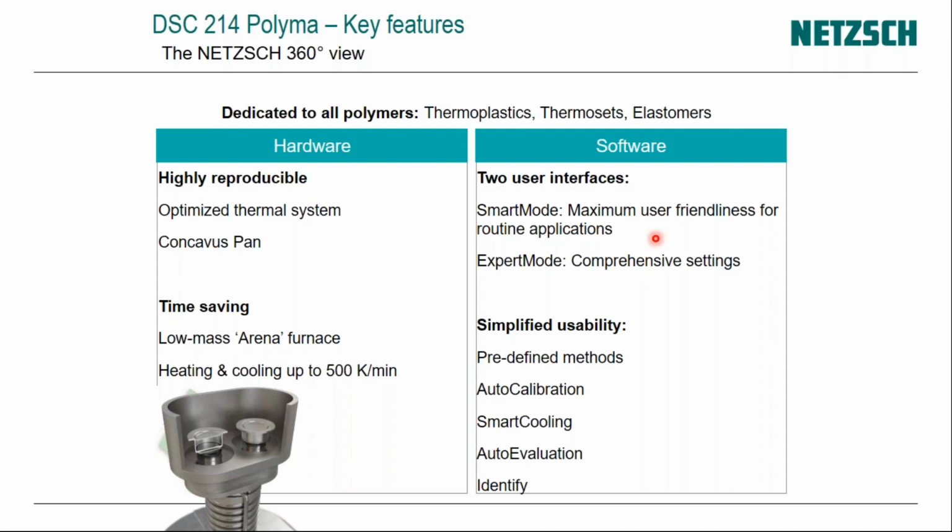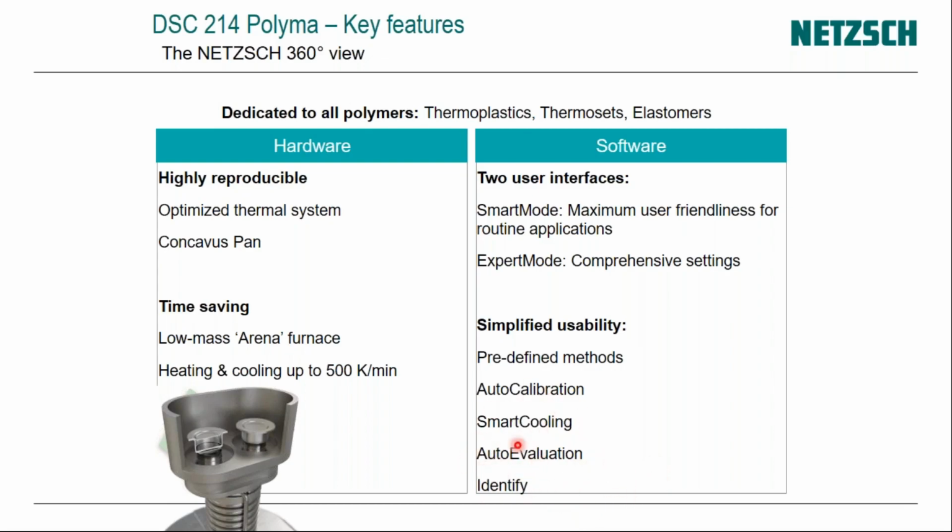As I told, we have Windows based software, and we have the smart mode software, which means you can use different kinds of interfaces like the tablet, or we have the expert mode software for more comprehensive settings. Depending upon usability, these are some of the software tools we have.